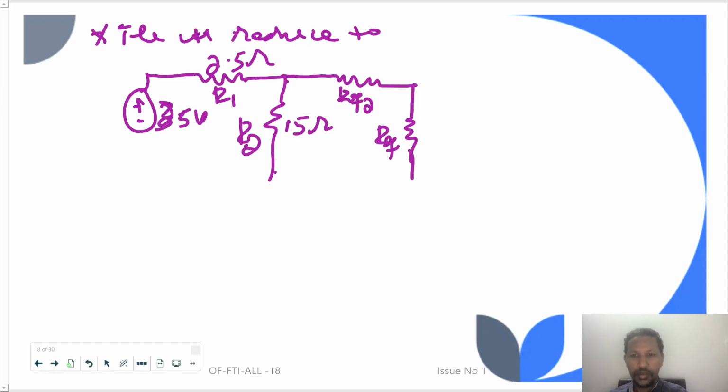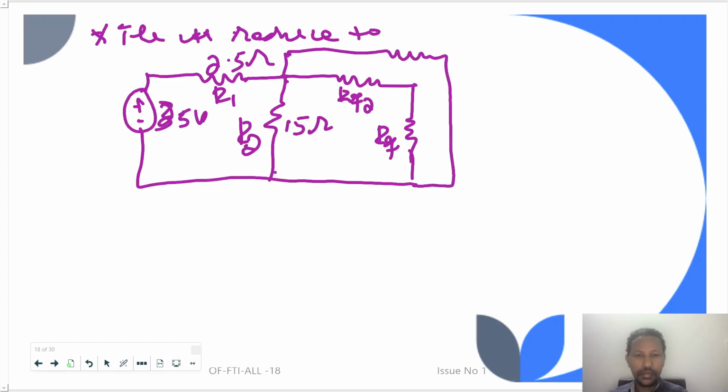Then you have R5, which is 60 ohm, R equivalent 2, which is 4 ohm, and R equivalent 1, which is 16 ohm.